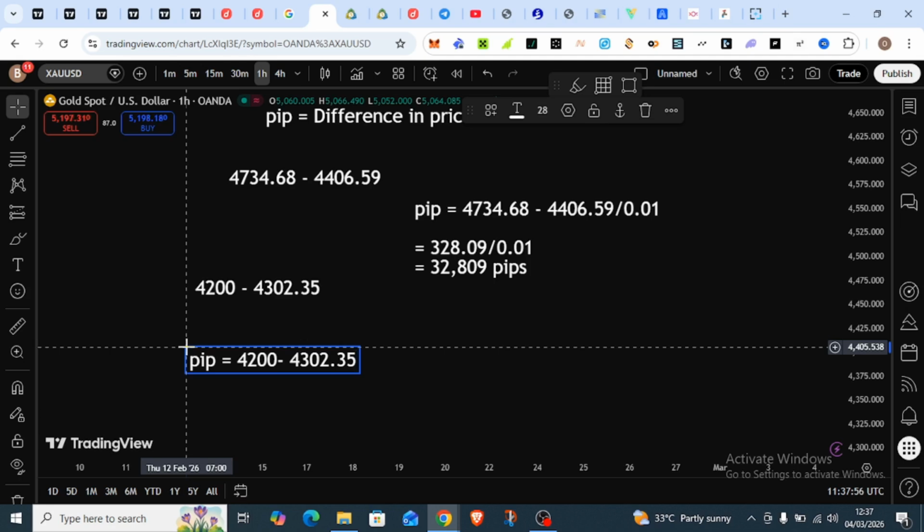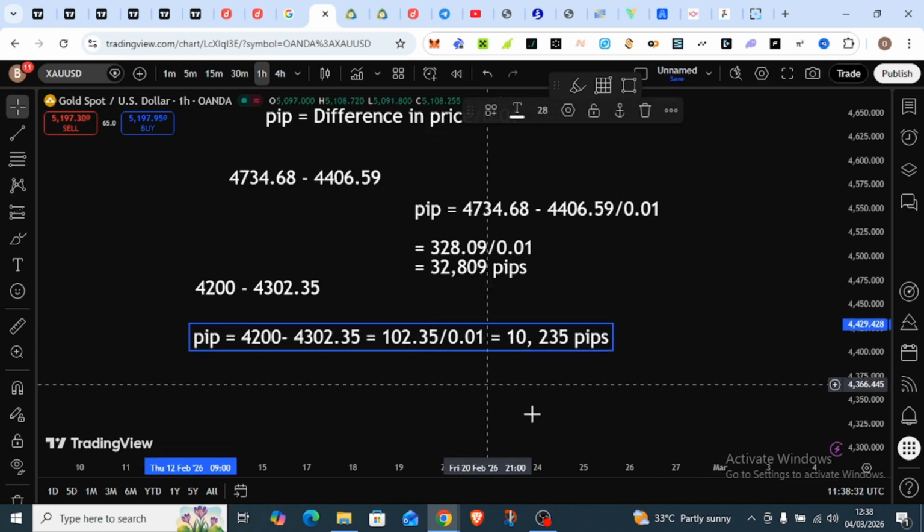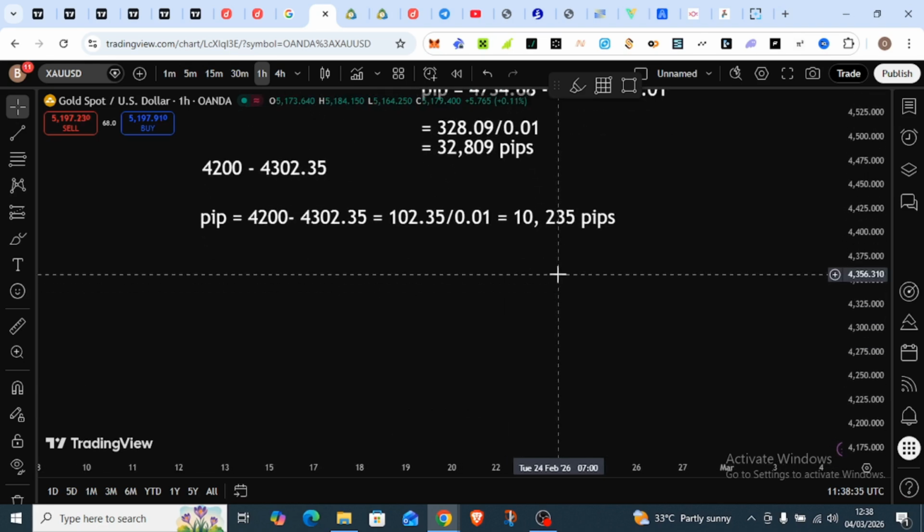This is going to give us 102.35 divided by the pip size, which is 0.01, and this will give us 10,235 pips. So this is the second example. Let's continue.